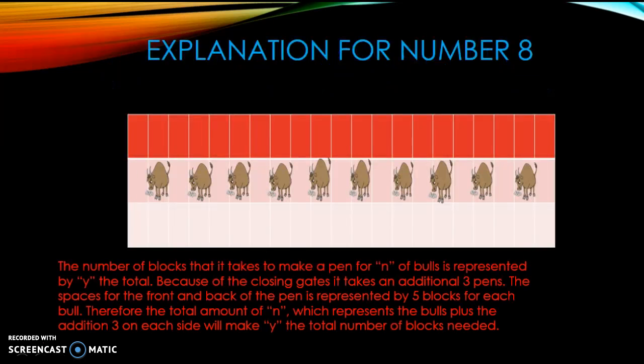Explanation for number 8. The total number of blocks that it takes to make a pen for n bulls is represented by y, the total. Because of closing gates, it takes an additional 3 pins on each side.